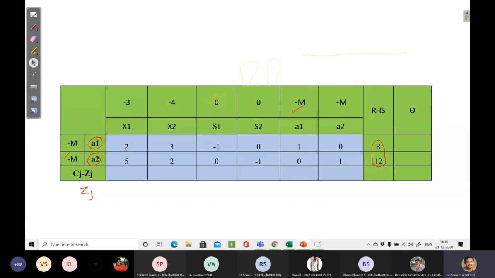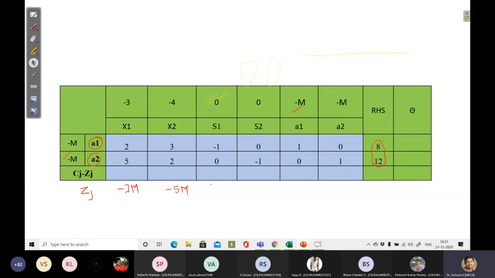So minus 2M. Minus 2M plus minus 5M, how much? Minus 7M. So Zj will be minus 7M. Here it will be minus 5M.